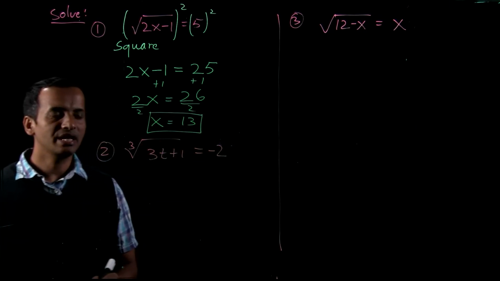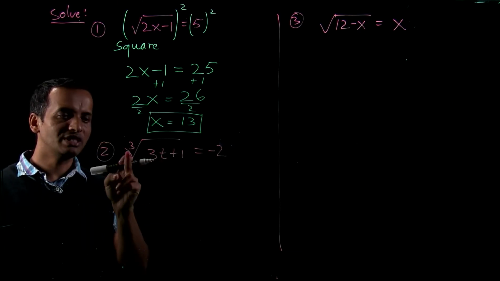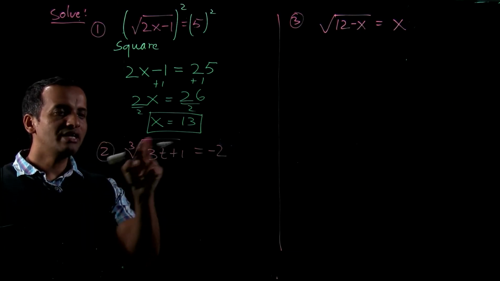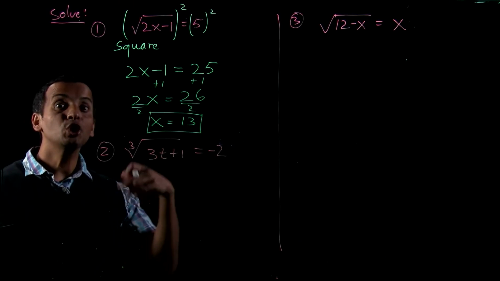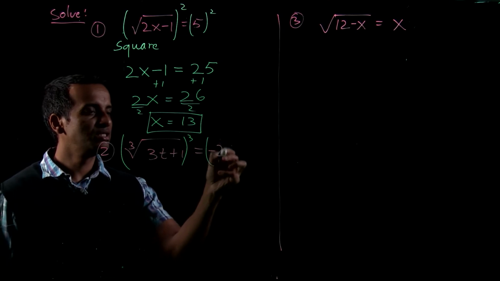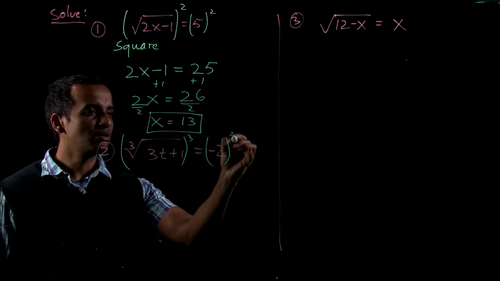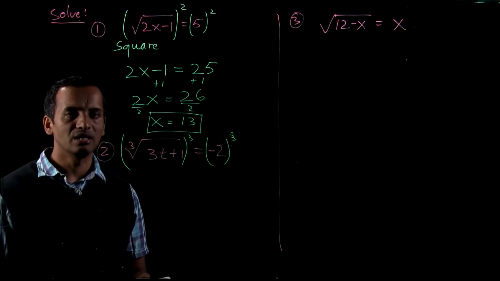Okay, the next thing is let me solve this equation. Since there is a cube root, to get rid of the cube root, you need to cube both sides, or raise the power 3 on both sides. So there is negative 2 on the right side, so you raise the power 3 on the right side and left side.